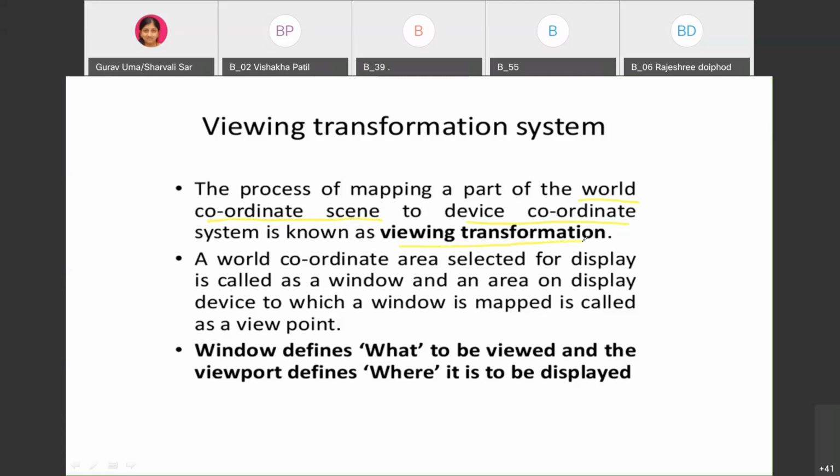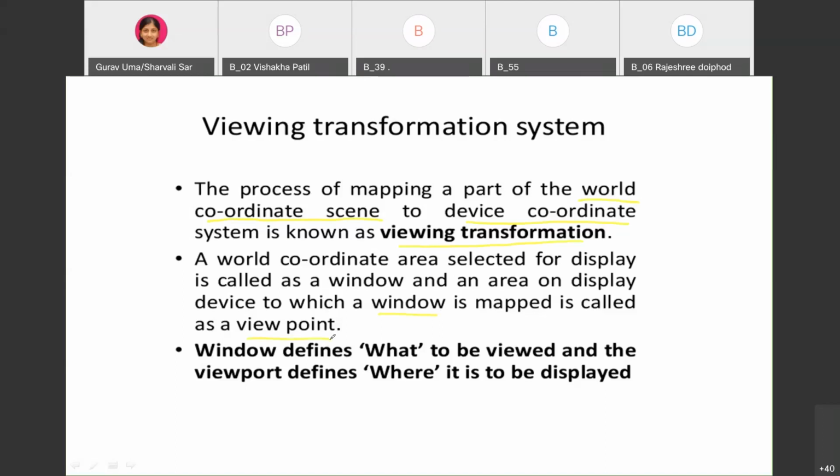The process of mapping a part of the world coordinate scene to device coordinate system is known as viewing transformation. A world coordinate area selected for display is called a window, and an area on a display device to which the window is mapped is called a viewport. We have already seen what is window and what is viewport.